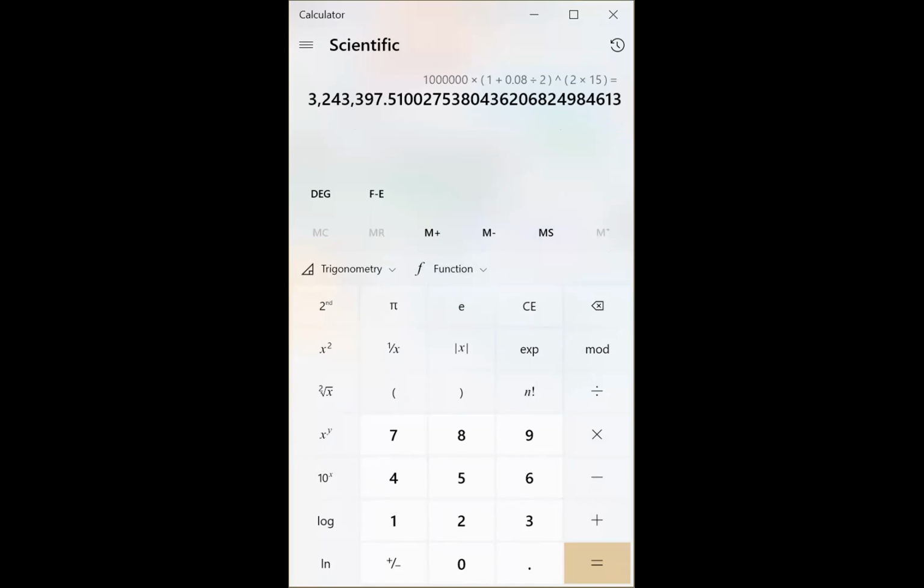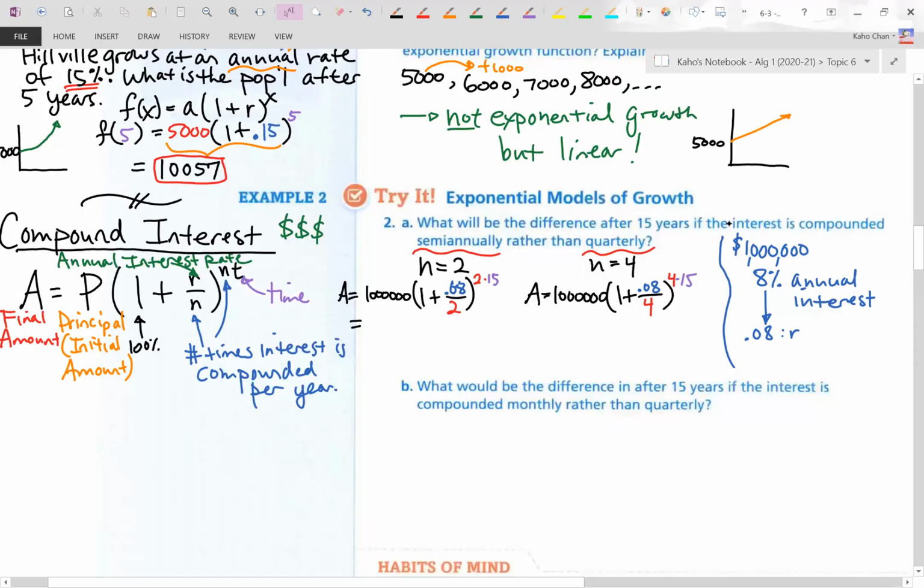Okay, let's copy that over to our notes. Wow. After 15 years, your $1 million investment goes to $3,243,397.51. Wow, lot of money.